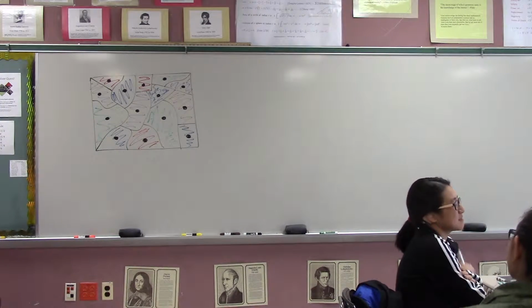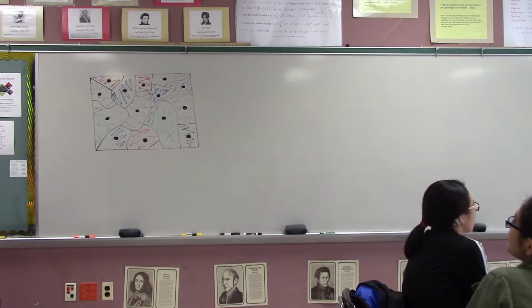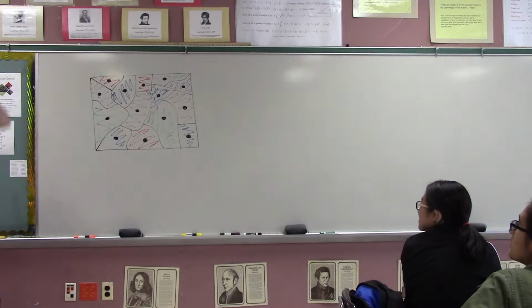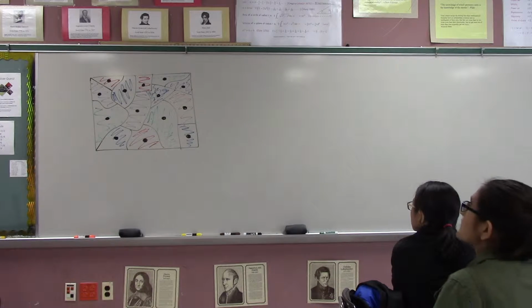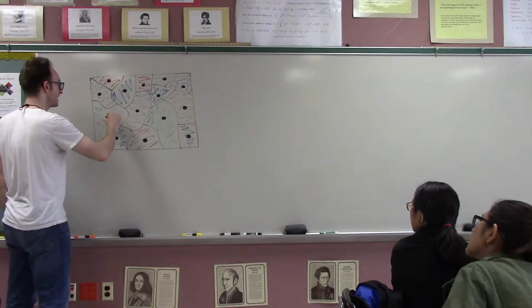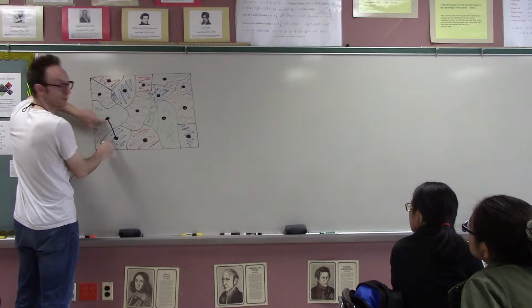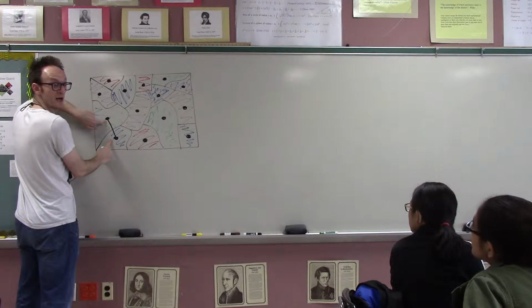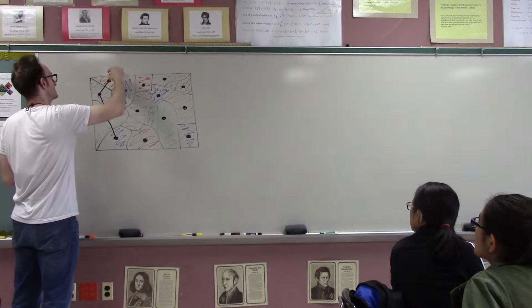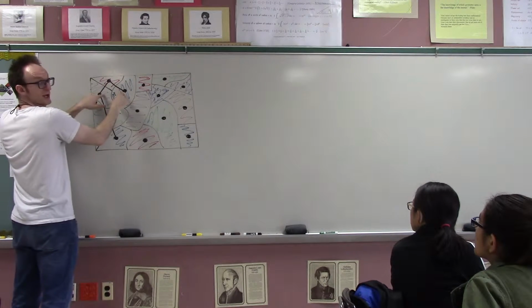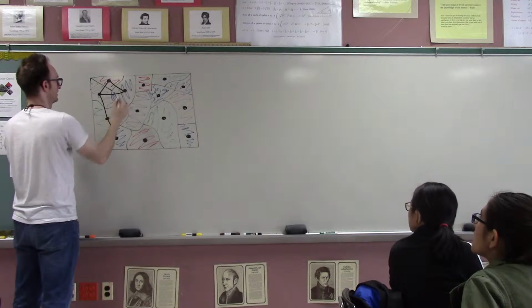Now the information about 2 regions sharing a border is going to be captured by making the 2 vertices adjacent. So I will connect these 2 vertices because the regions share a border. And I'll connect these 2, and these 2, and these 2. Does everyone see what's going on here?